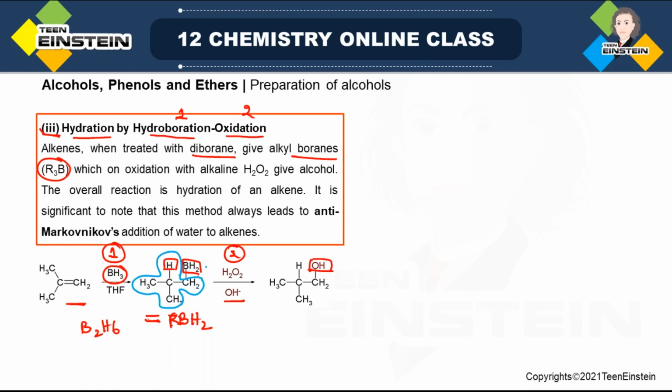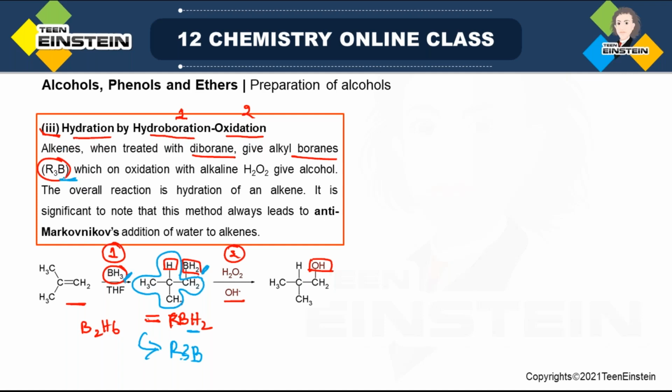Similarly, if two more hydrogens of this BH2 are replaced with two more R groups, then gradually it will be converted to R3B. Because per BH3 molecule, there are total 3 replaceable hydrogens. All these 3 hydrogens can be replaced by R group, and this R group is generated from the alkene that we are using as starting material.